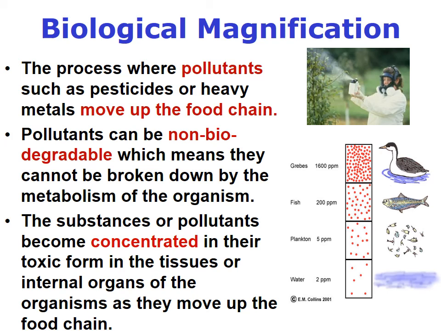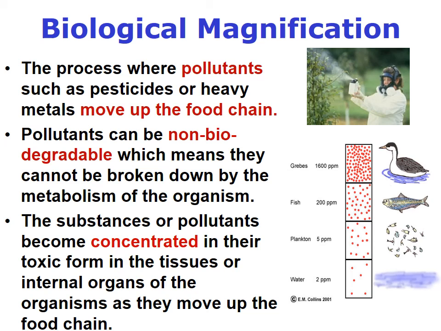This middle-sized fish has to eat so much plankton that it actually gets a ton of this chemical in it, and so it's up to 200 parts per million concentration. And then the duck has to eat so much of this fish to stay alive and get enough energy that the concentration goes up to 1,600 parts per million.